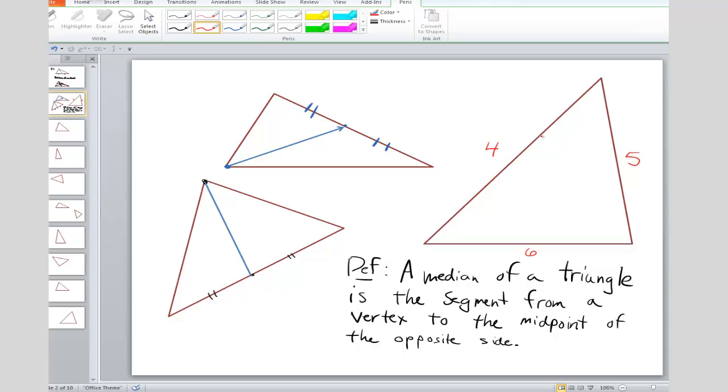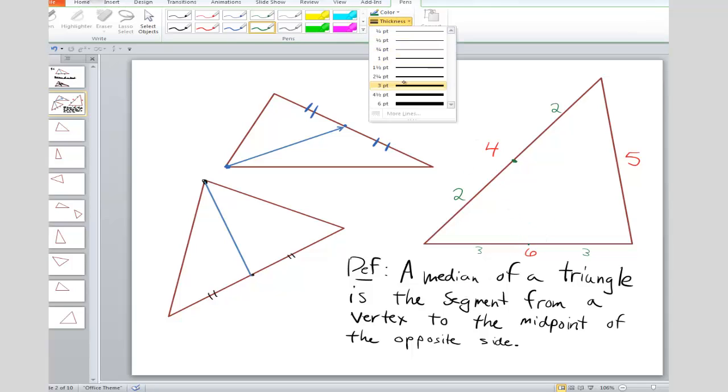So we separate it out into 2 units. It'd be 2 here, and 2 here. So our midpoint would be probably right about there. Same thing here. This would be 3, and this would be 3. And our midpoint would probably be right about there.